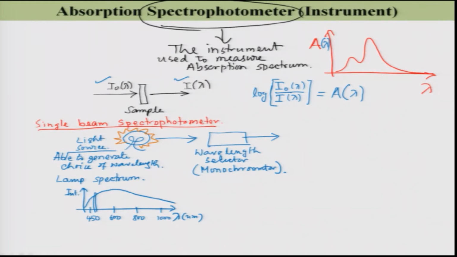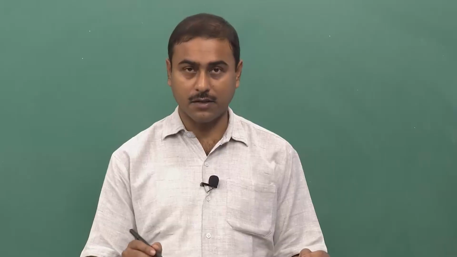So, you use a device called the monochromator, which is nothing but a wavelength selector. Just as you have seen in high school, a prism can divide white light into its spectrum, this device is simple like that. It is based on gratings, and you can select the wavelength of light of your choice.